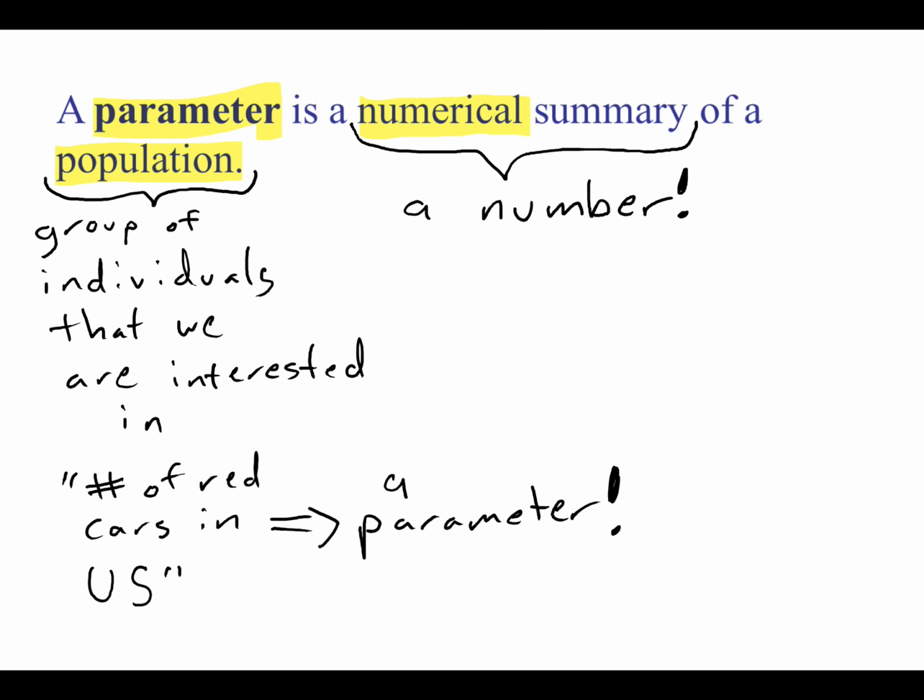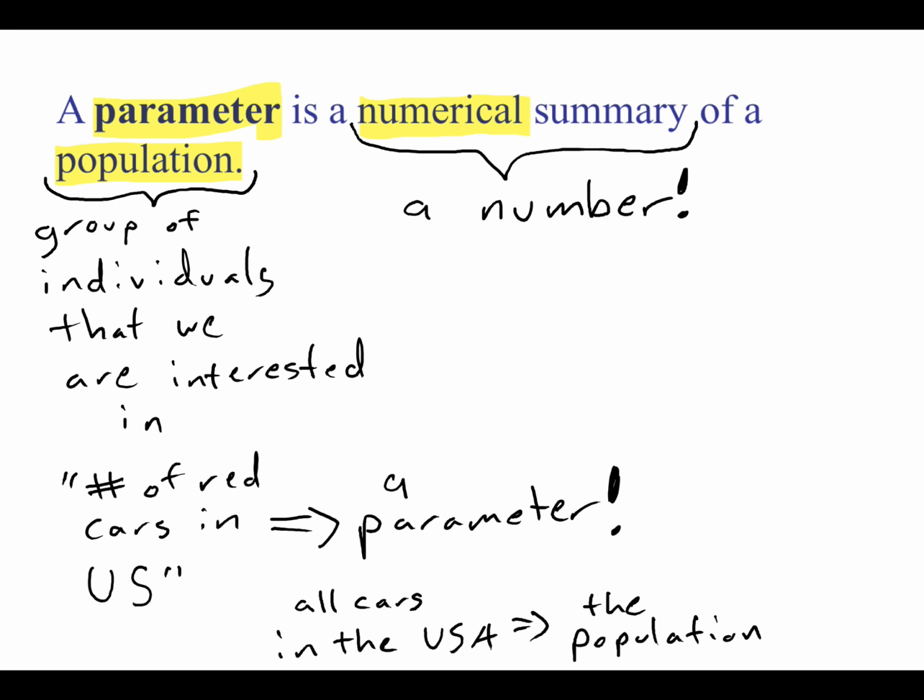But there is a number of red cars in the United States. Just to hit on the vocabulary a little bit more, the population in this example is all cars in the United States. That is a group of individuals, in this case a group of cars. And what's weird about this number, the number of red cars in the United States, is that it's unknown.